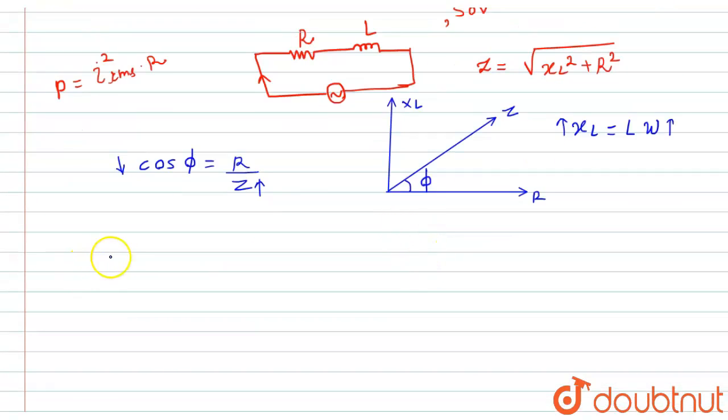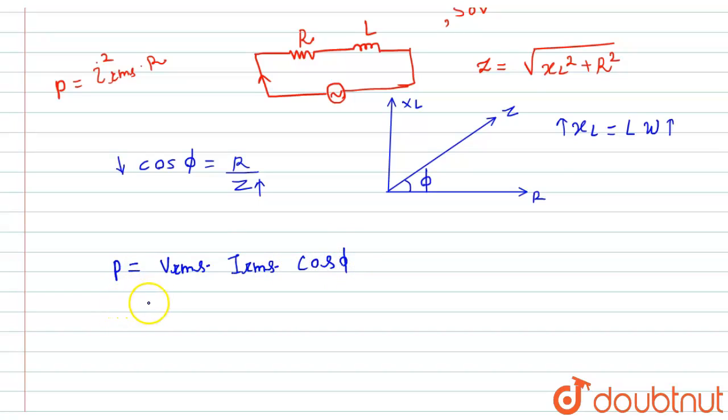The power dissipation is also given by P = Vrms Irms cos phi. Obviously, if cos phi reduces, the power dissipation will also reduce.